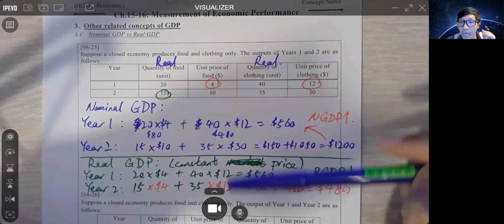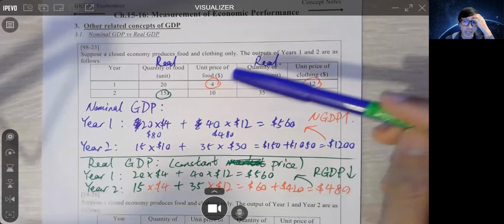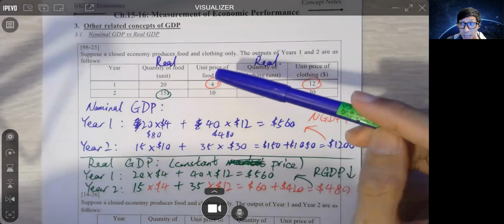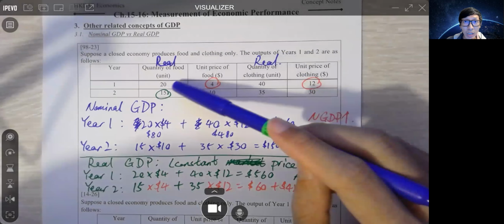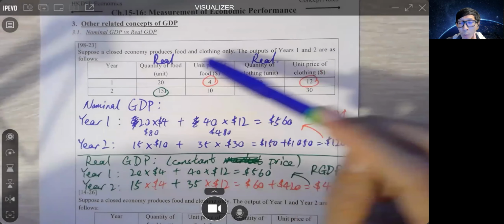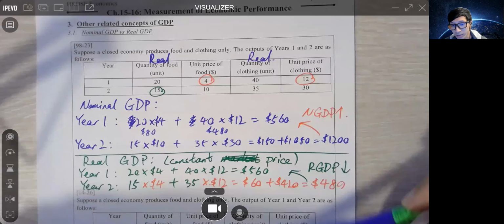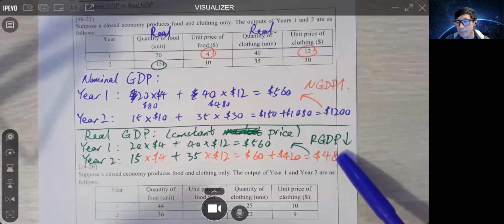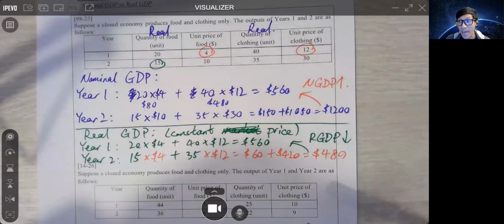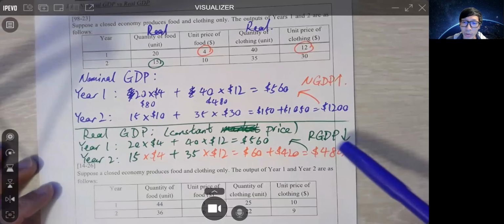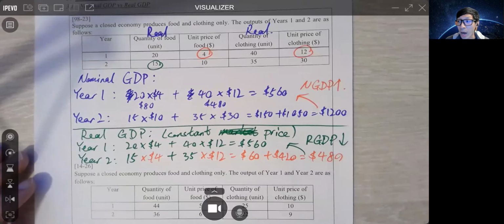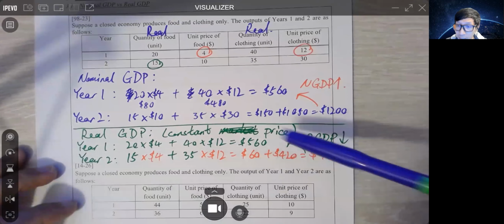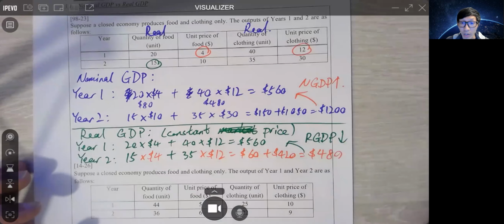But real GDP disregards the change in market price level, okay? And only focuses on the quantity, okay? That's why you see year 2, actually the real GDP has dropped. It means that the output level is actually lower than year 1.